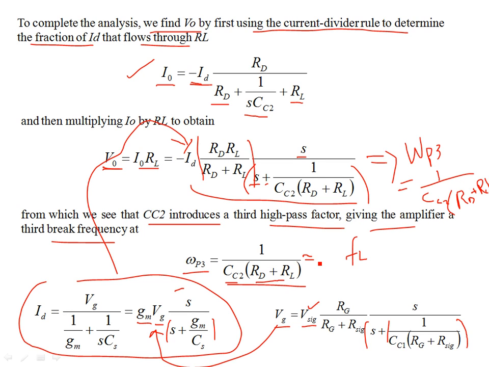For example, omega P3, associated with the coupling capacitor CC2, is 1 over tau, which implies that tau is CC2 multiplied by RD plus RL. That is the time constant contributed by the coupling capacitor CC2, and this is the resistance that appears between the terminals of the capacitor.